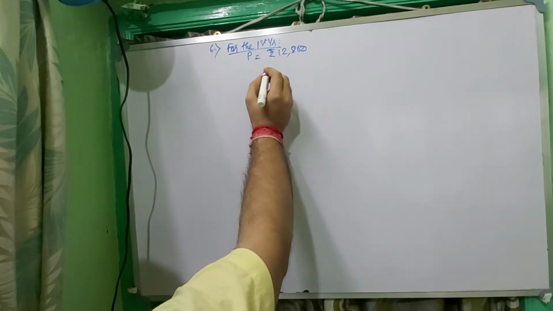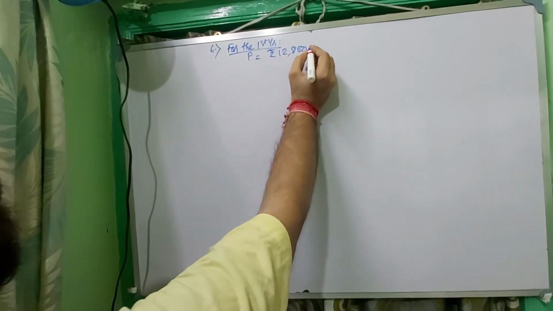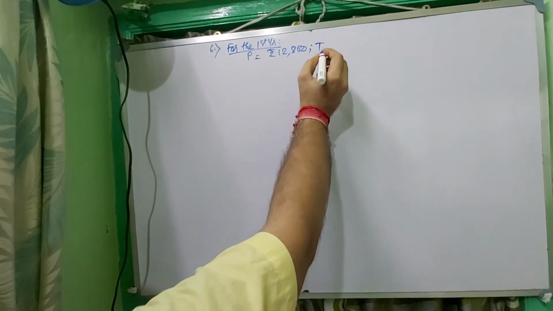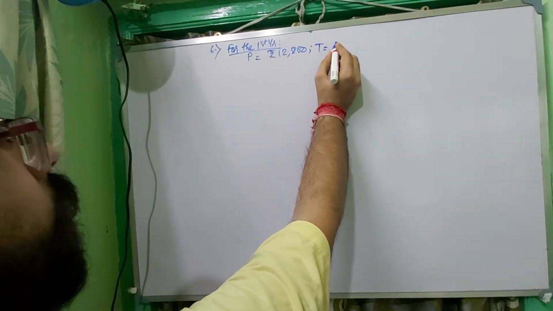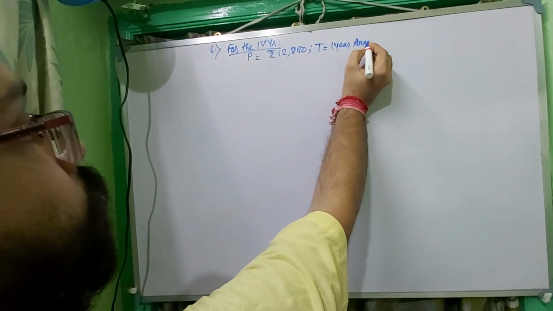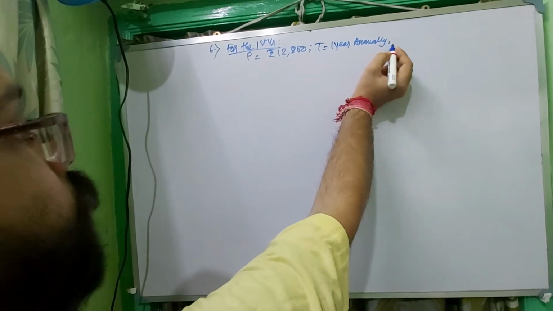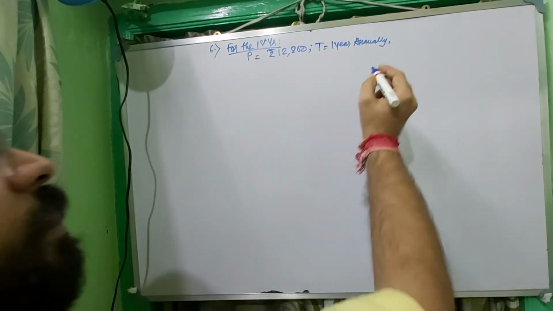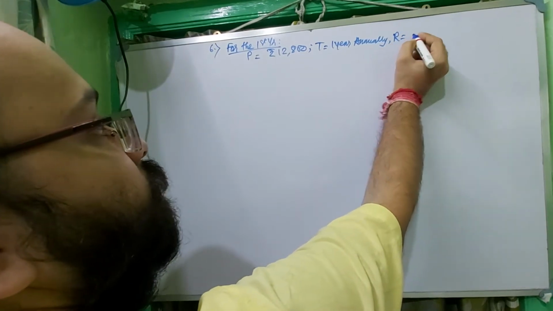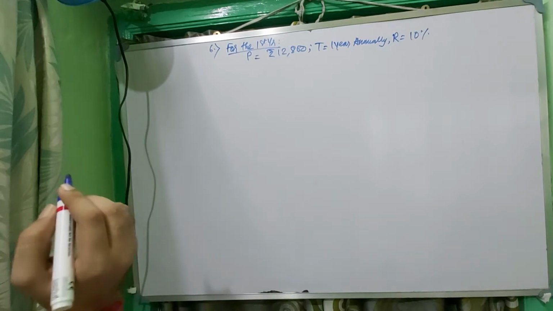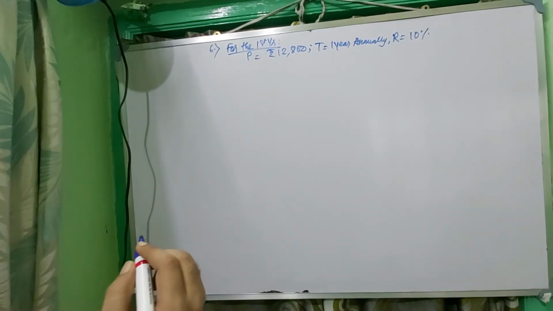Time is 1 year, compounded annually, since 3 years has been given. Rate is equal to 10%.